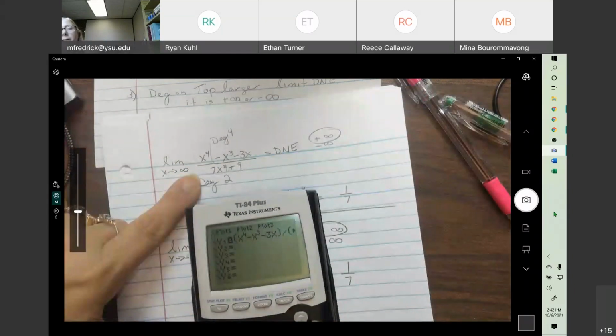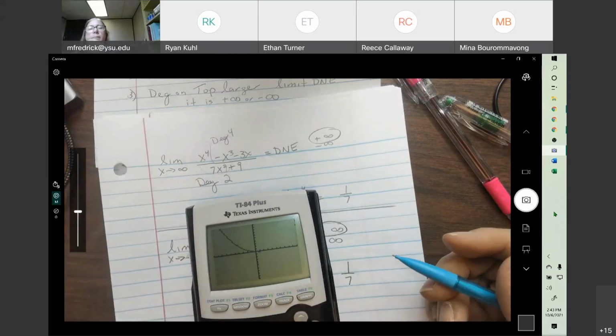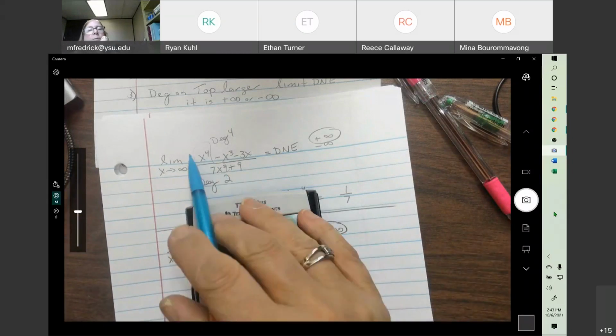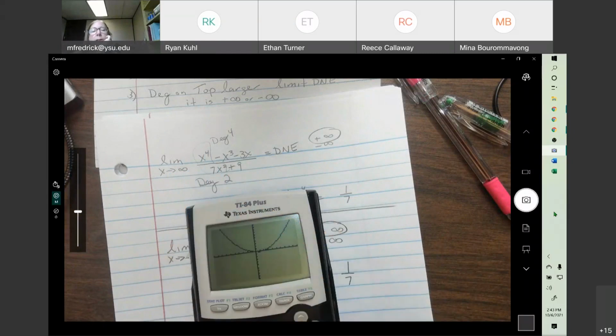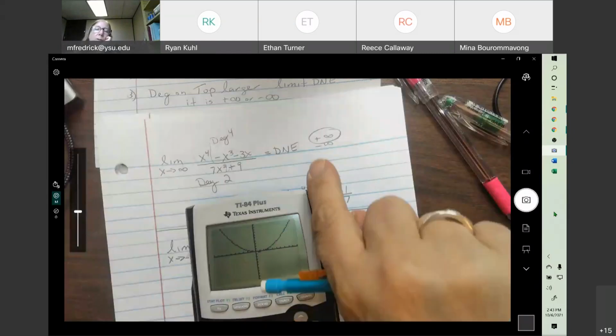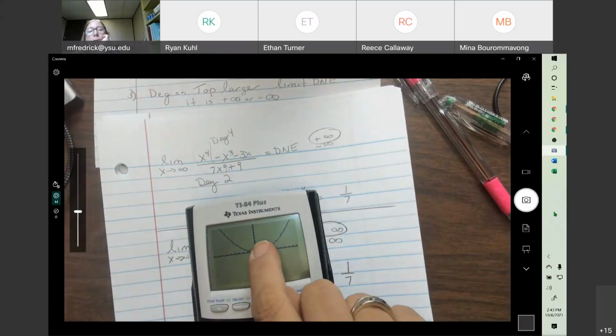So if we enter it, and I'm going to leave the same window and hit graph. This first one was x going to infinity, and as x is getting large this way, y is also getting large positively, and that's why it was positive infinity. This was going up.